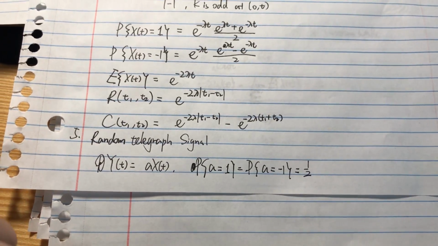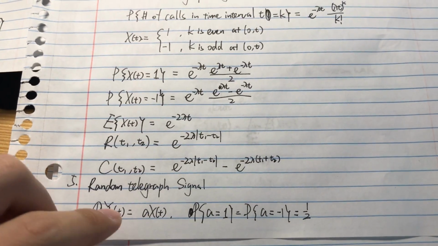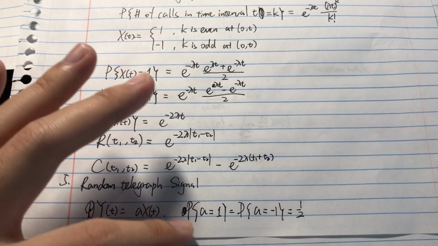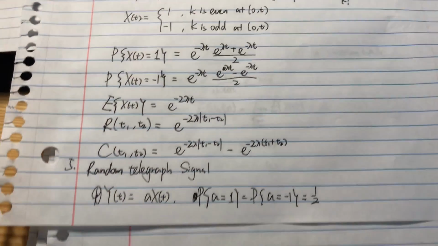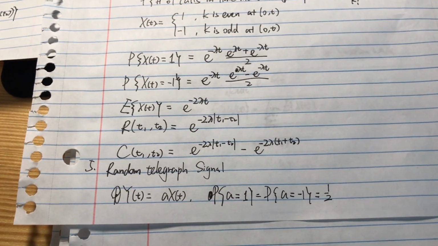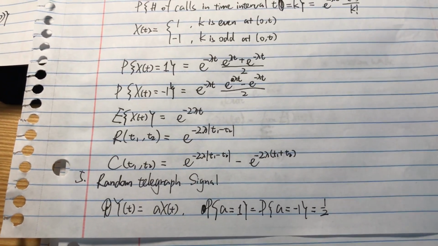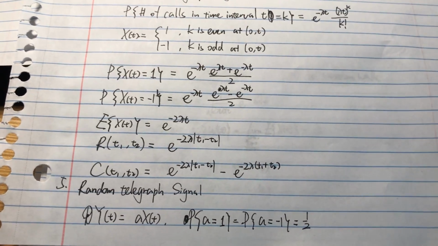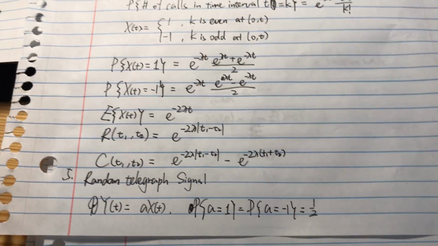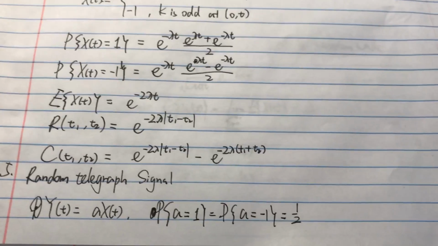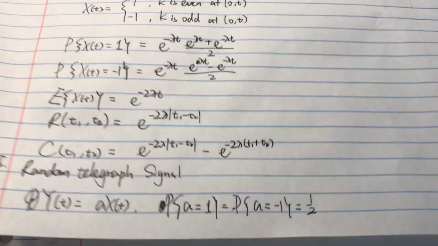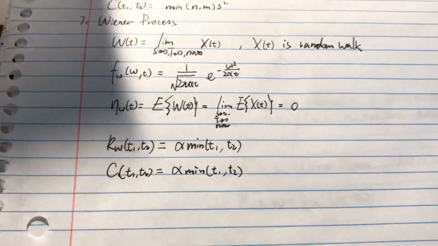So we have a random variable, and its density function is 0.5, so it has two outcomes. One is a equals 1, and another is a equals minus 1.